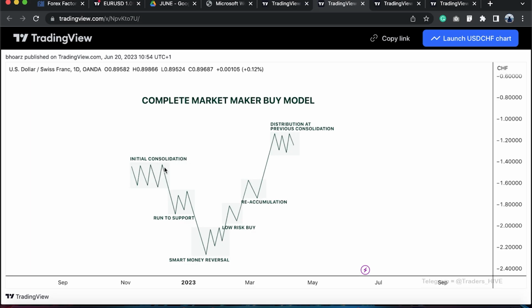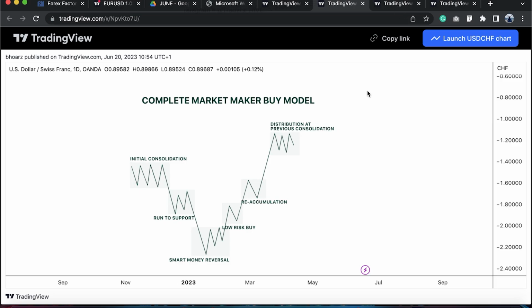Now, sometimes the phase of the run lower into support could be in 2 phases. It could be a consolidation, with one phase of distribution and a second phase of distribution, and then the smart money reversal, then the low risk buy, then a reaccumulation, and finally a run to the initial consolidation.